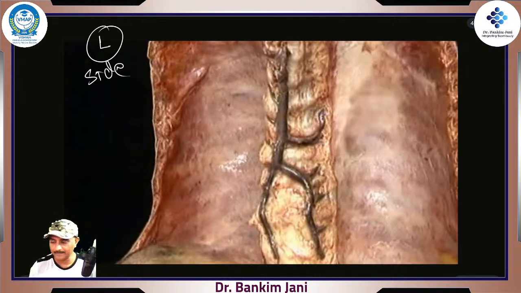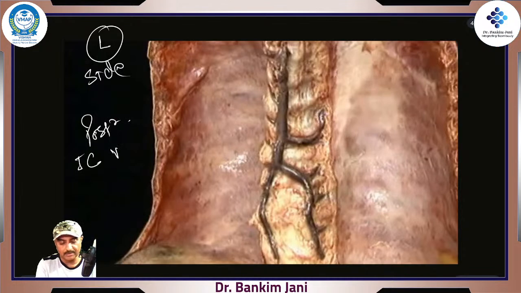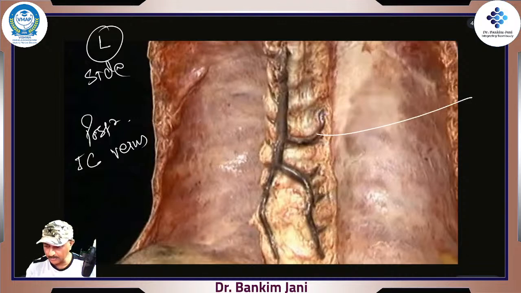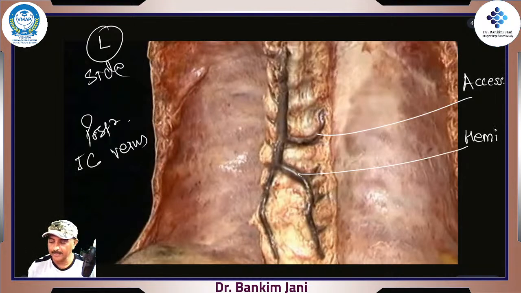And again, it is giving two branches in the form of posterior intercostal veins. Don't forget that this one is the accessory and this one is the hemiazygos vein.